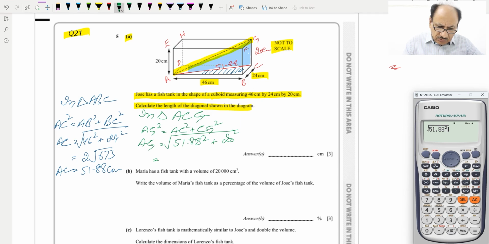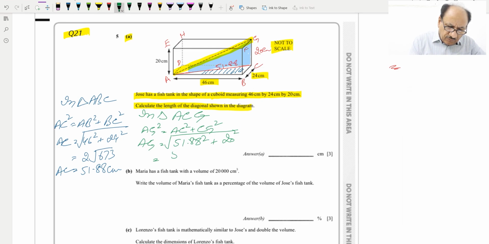This will be equal to 55.60, and up to 3 significant figures we can give the answer as 55.6 centimeters. This is the 3 marks question which we have done.